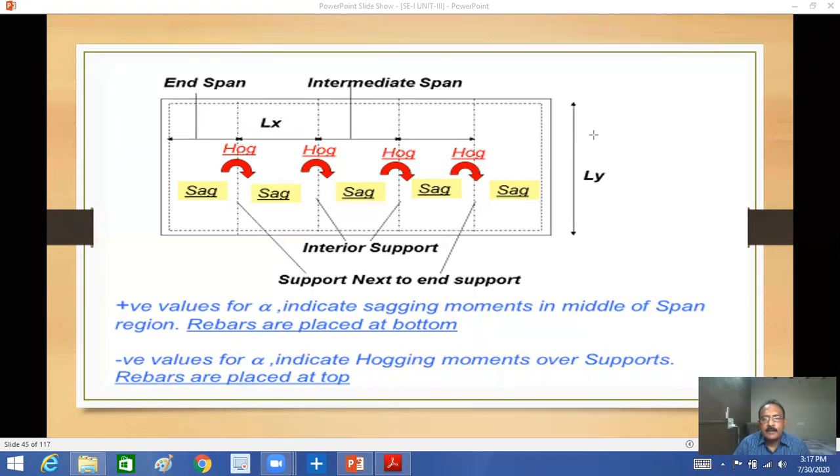I will draw one line. Suppose you have four columns. This is one column, this is another column, and if we extend it like this, here is one more column.